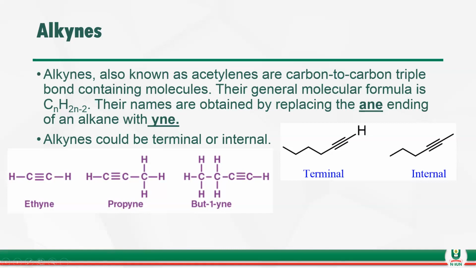Remember that the general molecular formula for alkene is CnH2n, and the general molecular formula for alkyne is CnH2n-2. Their names are obtained by replacing the ANE with YNE.